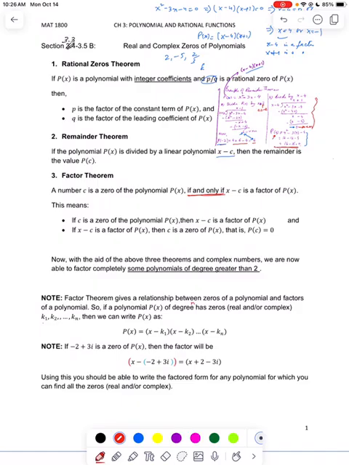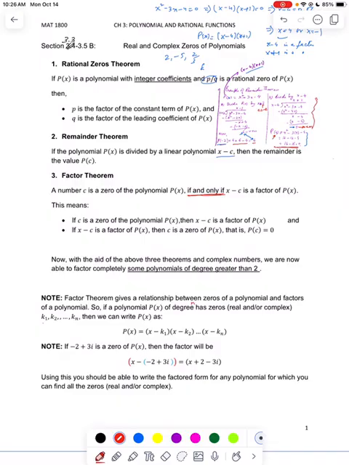If it's a cubic, it will have 1 real zero or 3 real zeros, because the complex zeros appear in pairs. So you cannot have 1 complex zero. That you will see when we do the examples. Okay, so let us move on.